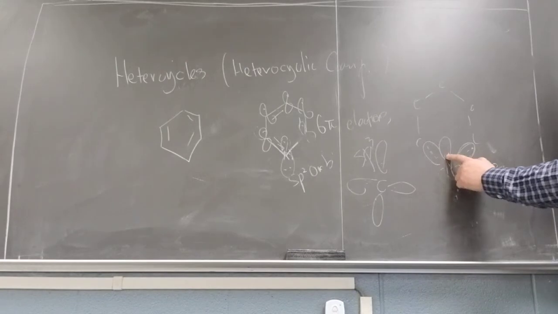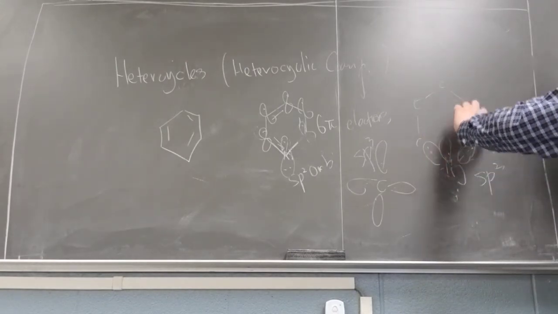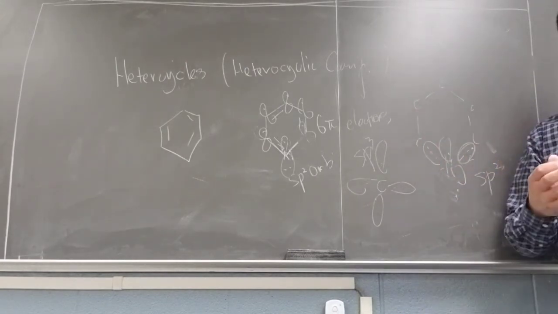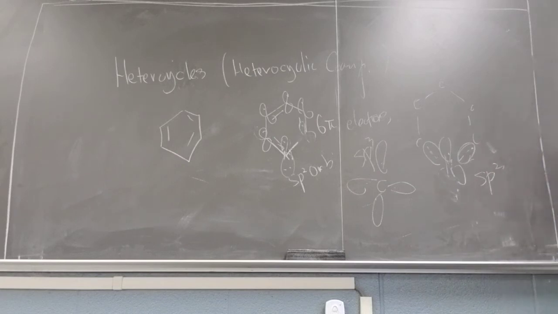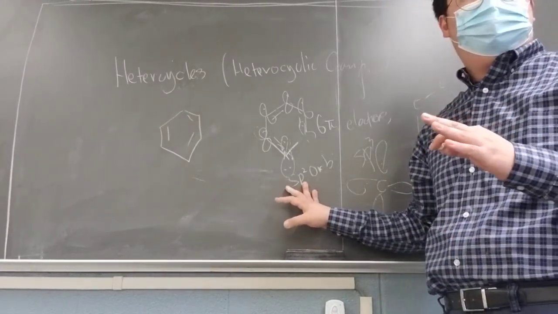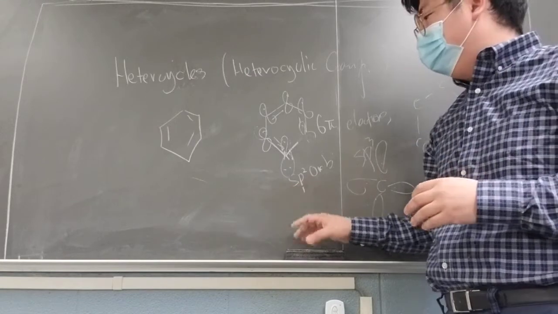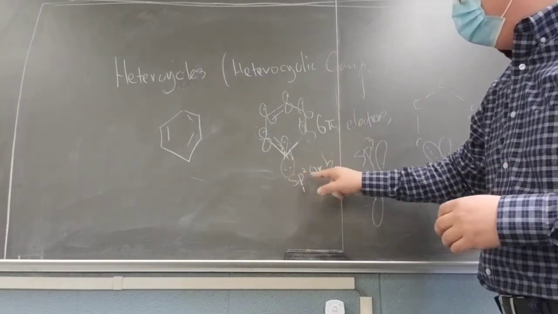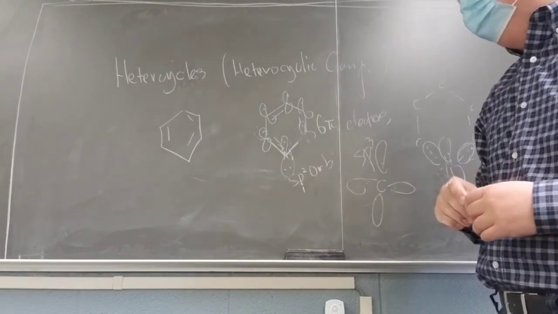So the only one on top, the p, will be used for aromaticity, Hückel's rule, the pi electron counting. So it'll be 6. This pyridine will still be aromatic because it's 6, not 8, because these two lone pairs will be in the sp2 orbital.